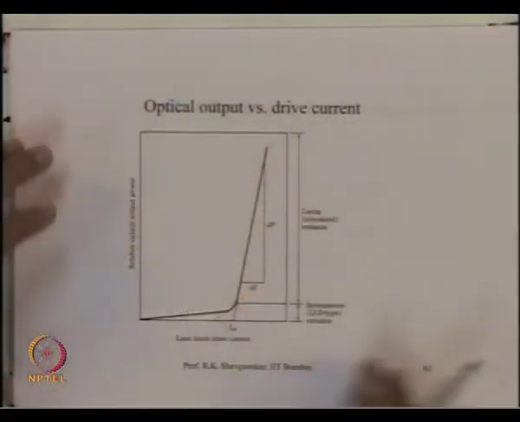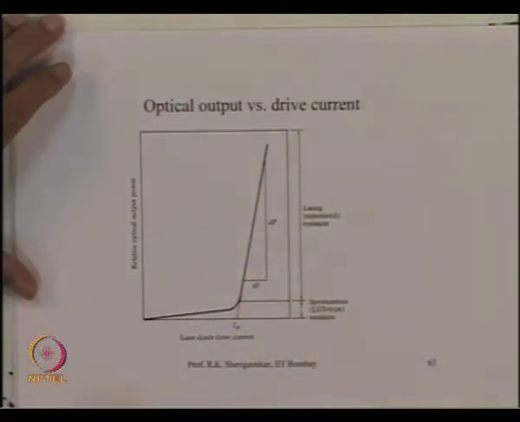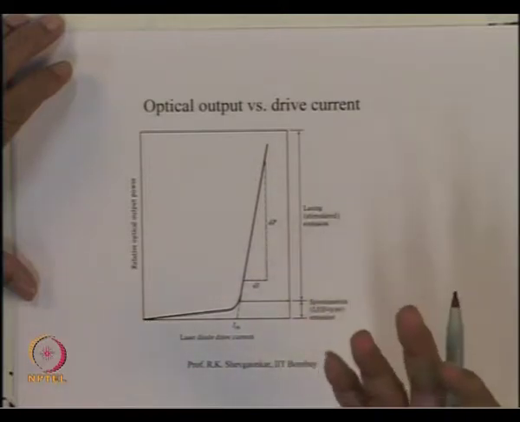But if the current is brought to 0, then when we switch on the current, the population inversion has to build to a value which corresponds to the threshold current, and beyond that only you will see the stimulated emission.